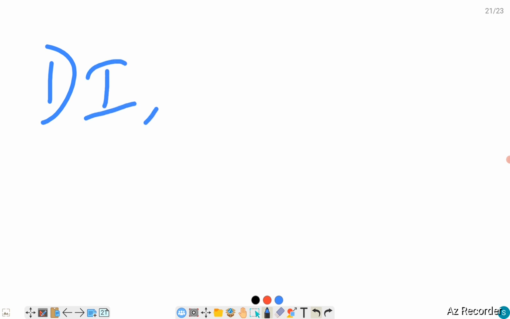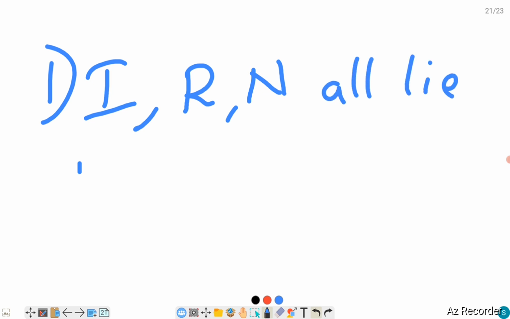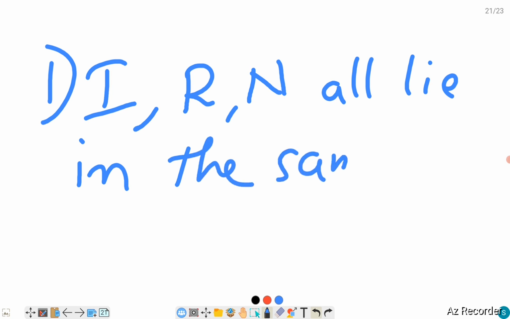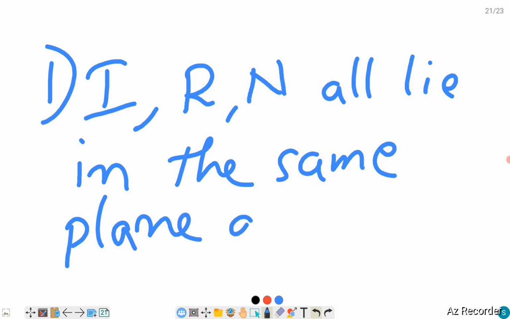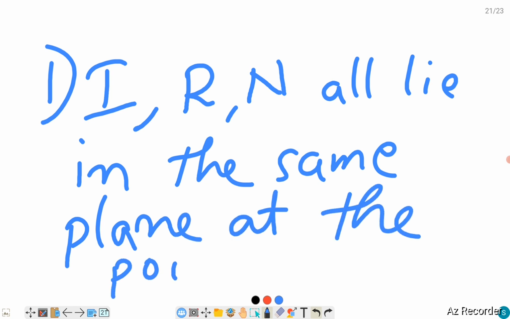Incident ray I, reflected ray R, normal N, all lie in the same plane at the point of incidence. Very, very important. With this only you are going to learn everything about reflection.